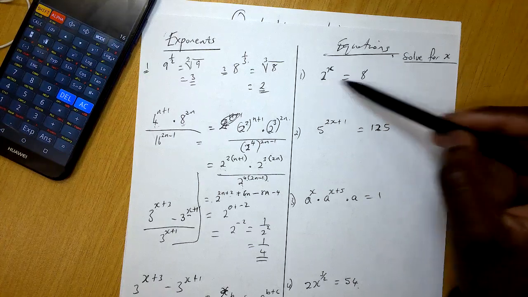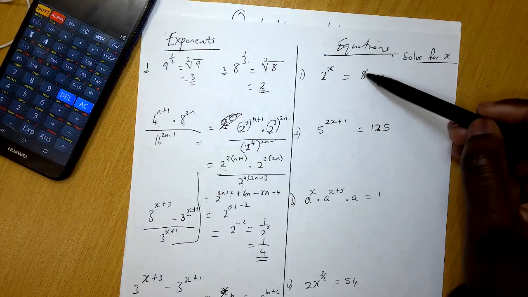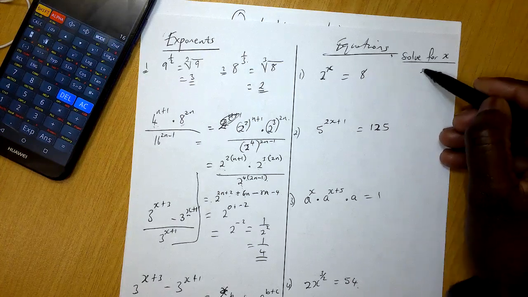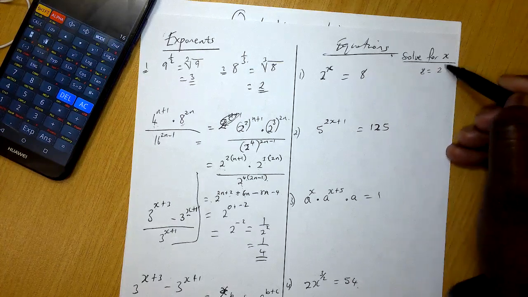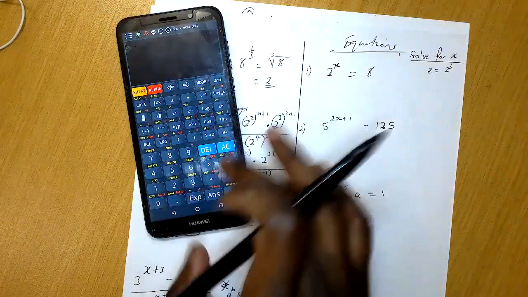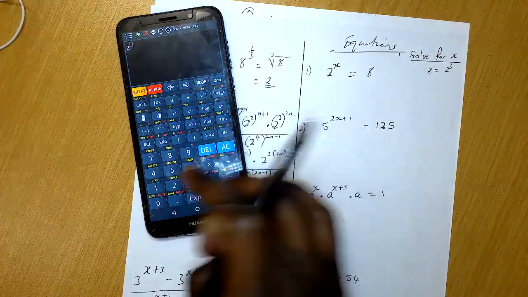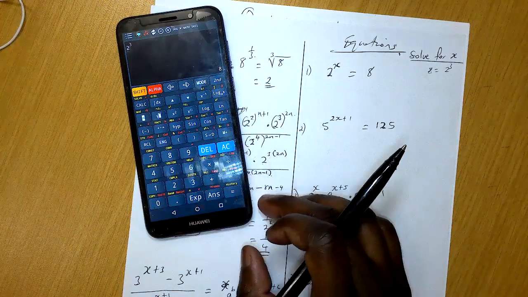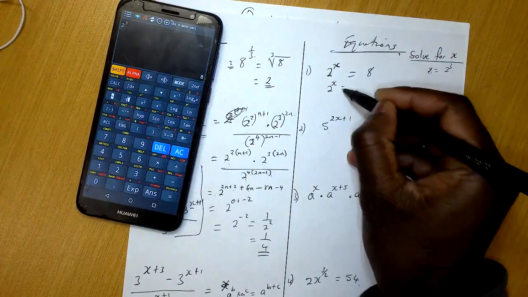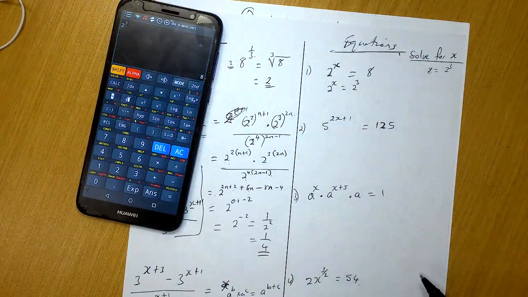We know very well that 8 is the same as 2 to the power of 3, because if we punch in 2 to the power of 3, we get 8. So we can express 8 in the form of 2 to the power of 3.